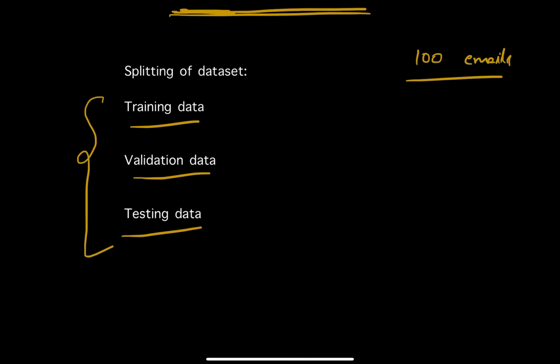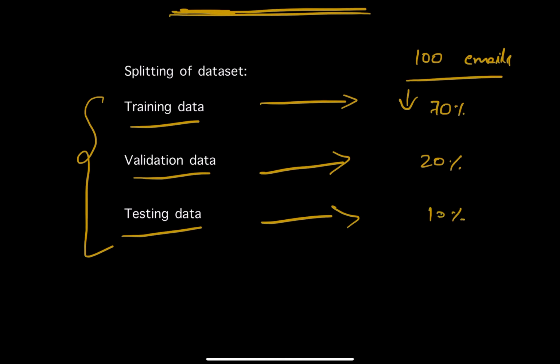Okay, now how do we have to split this data? It should be split in such a way that 70%, or it is like some random number. Okay, but in an idealistic way, I am taking 70% for training data, and for validation 20%, and for testing 10%.